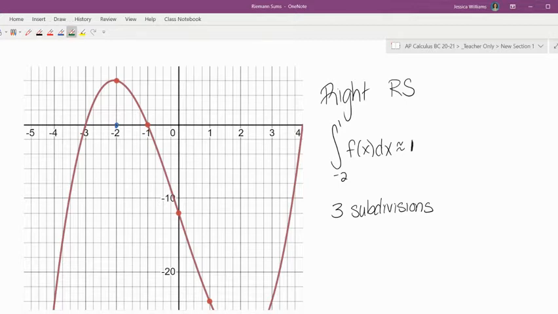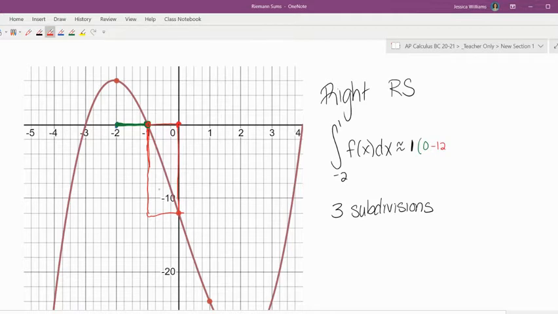So now my first rectangle starts at negative 2, goes to negative 1. This time I'm using the right function value. Well, that would be here. So that first rectangle has a height of nothing. Our second rectangle is going to start at negative 1 and go to 0. If I use the right value to create a rectangle, it's going to take me here down to negative 12.